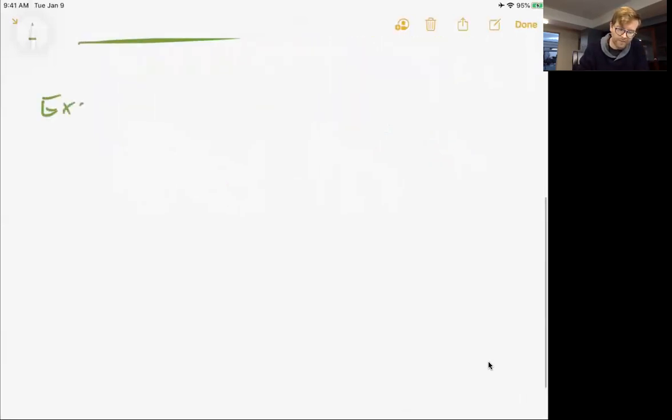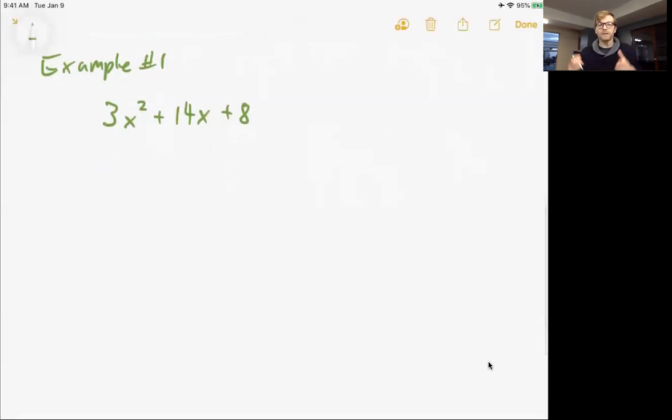Example 1. So suppose we have, let's see, 3x squared plus 14x plus 8. We see that the leading coefficient is not 1, and there's nothing that we can factor out of all of these things to make this any easier.